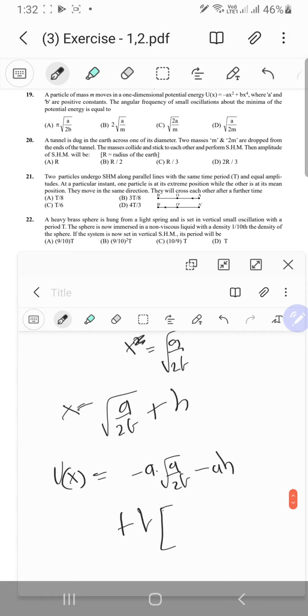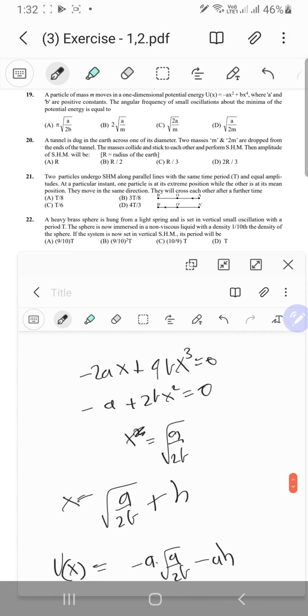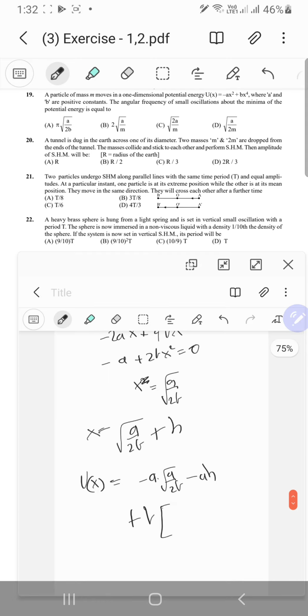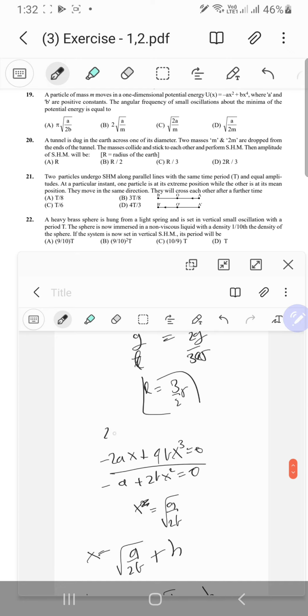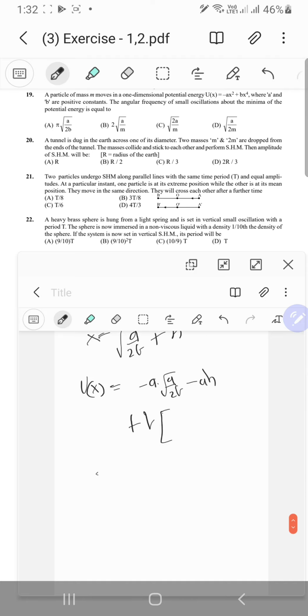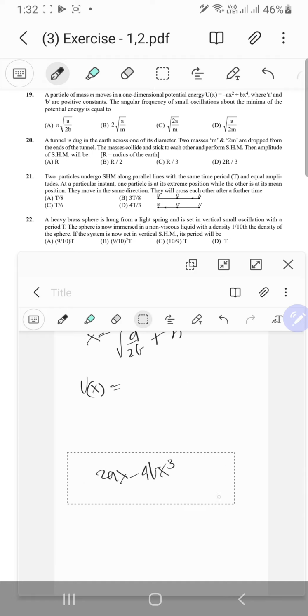Wait a second. We don't want the potential energy, we want the force. Force is the negative derivative, so 2ax minus 4bx cubed, that's what we need. I'm going to put this value of x into it.